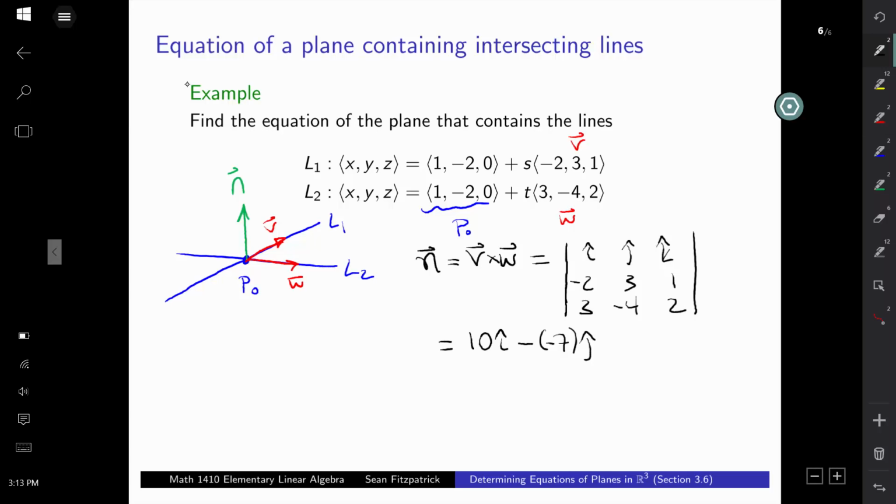And for k, -2 times -4, that's 8, subtracting 3 times 3. 8 minus 9 gives me -1 times k, so minus k. So overall we get 10, 7, and -1 for our normal vector. Now that we've got our normal vector and our point, we know how to write down the equation of the plane.